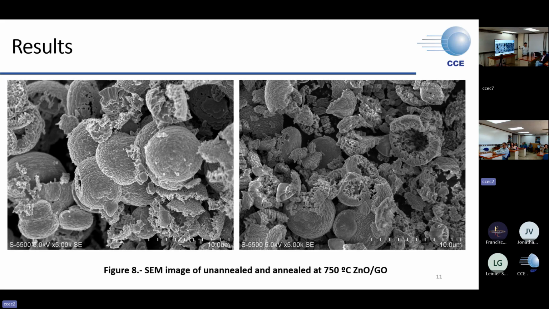It is a double sphere, a sphere in the interior and an outer hollow sphere. Once we hit the material, it explodes. It is good for us because we increase the surface area.